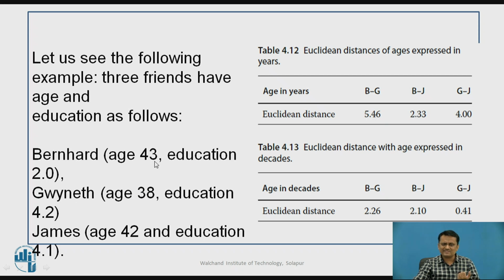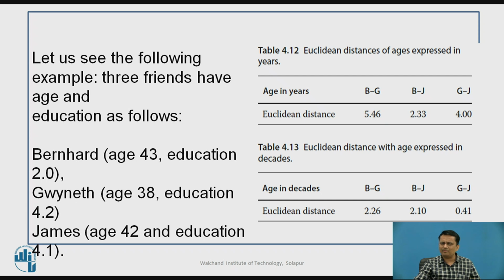If I have these values represented in decades, again I calculate the Euclidean distance between each possible pair and I come up with these Euclidean distance values. Which is the minimum value? Minimum is 0.41. And what is the conclusion? Juanith and James are more similar.